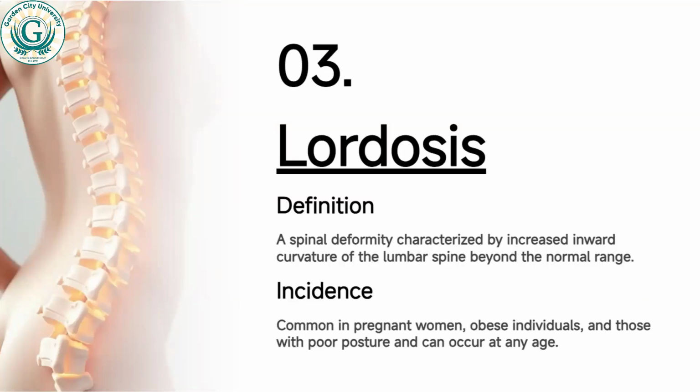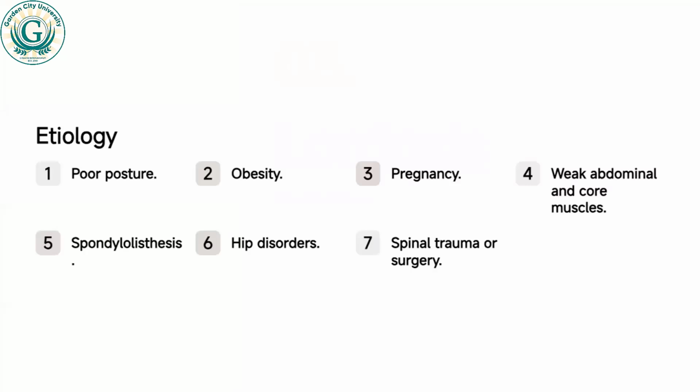So the incidence is more common in pregnant women, those who are obese, that is overweight, above 30 BMI, and those with poor position or poor posture. It can also occur at any age, as compared to kyphosis, where mostly those of older ages are affected. So the etiology or the causes: one, poor posture or poor position.